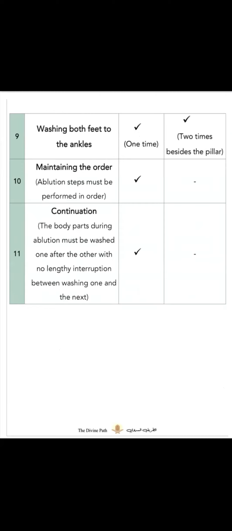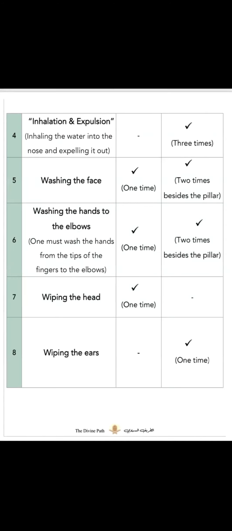Now, if we move on to point number 10, it says maintaining the order. So every person performing ablution must make sure that they are performing the steps in order. For example, again, I can give an example of point number 5 and point number 6. Point number 5 says washing the face, and point number 6 says washing the hands to the elbows.